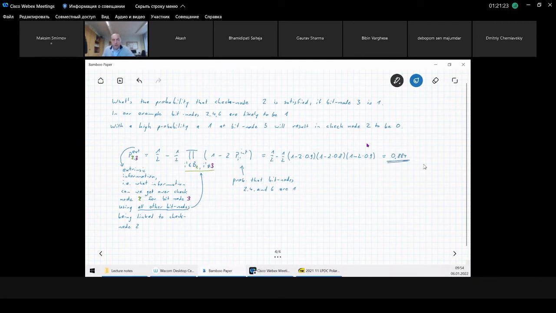So basically from our observations from bit nodes 2, 4, and 6, we can conclude that with probability 88.4%, bit node 3, bit 3 needs to be a 1. So maybe let's also write this here from the observations.